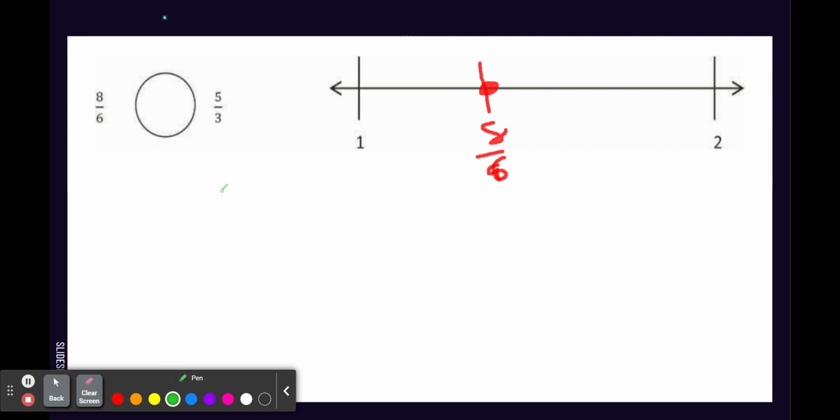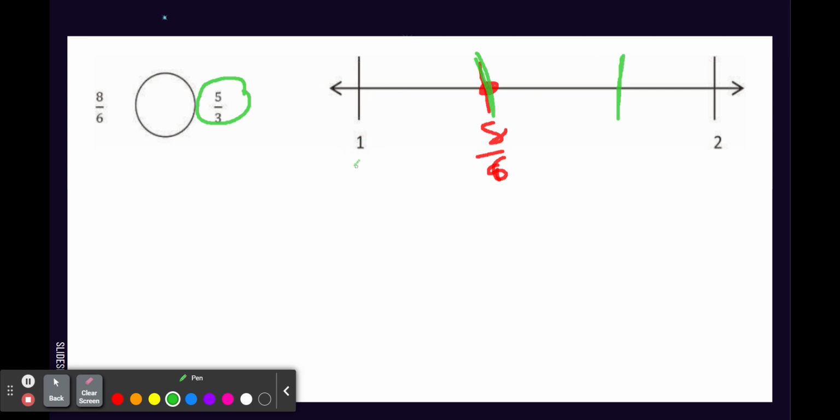Now I'm going to look at 5/3. So again, I have my whole in between 1 and 2, so I need to break my whole into 3 equal pieces. So I'm going to do that with the number line. So if I do 3 equal pieces, that one there and this one here. So there are 3 equal pieces. Okay, now I'm going to label it.